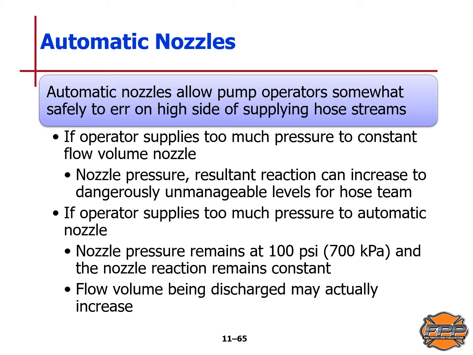If the operator supplies too much pressure to constant flow volume nozzles, the nozzle reaction can increase to dangerously unmanageable levels for the hose team. If the operator supplies too much pressure to an automatic nozzle, the nozzle pressure remains at 100 psi or 700 kilopascals and the nozzle reaction remains constant. Flow volume being discharged may actually end up increasing.